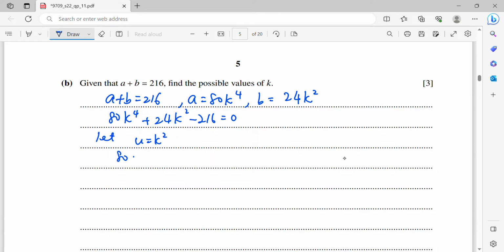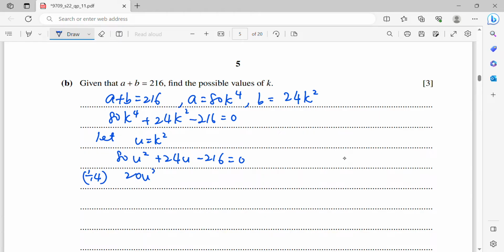That means 80u² plus 24u minus 216 equals 0. Now from here I need to find the common factor, so let's divide all by 4.